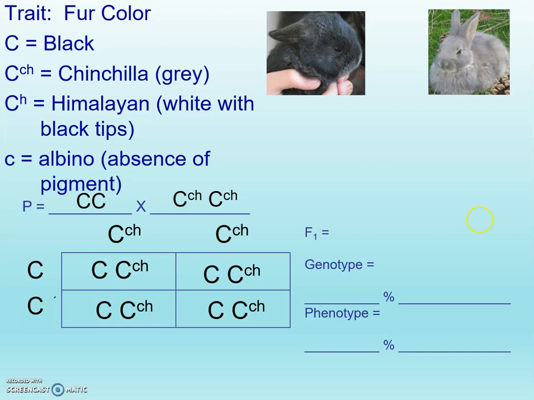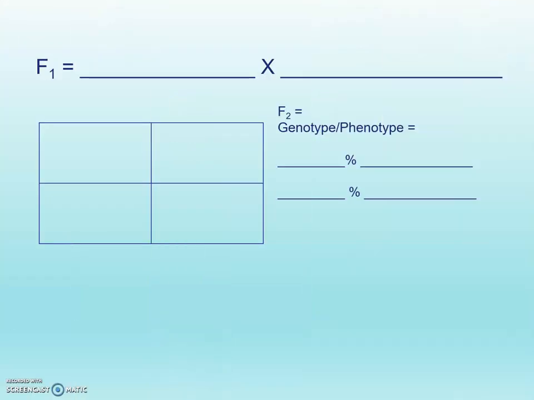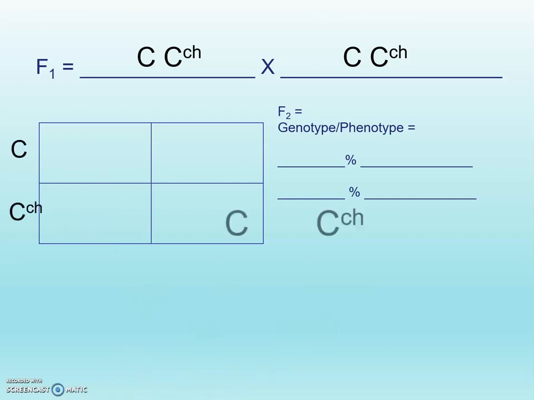So when we look at the genotype for each of these individuals, they're heterozygous. We have one allele for the dominant black and one allele for the recessive gray. The phenotype: black is dominant to the chinchilla or the light gray, so they're all going to be black. So now we're going to take two of those heterozygous bunnies that have black fur, and we're going to put them together and see what we get.